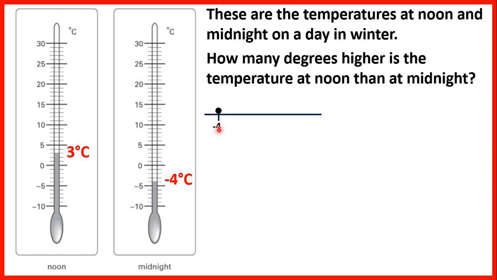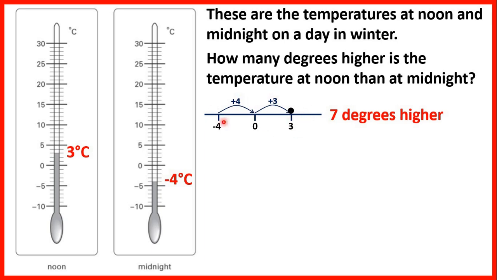So if we start at minus 4, adding 4 takes us to 0, and then to get to 3 degrees we need to add another 3, so that's a difference of 7 degrees. The temperature at noon is 7 degrees higher than the temperature at midnight because we need to add 7 altogether, and if we add 4 and then add 3, that's adding 7.